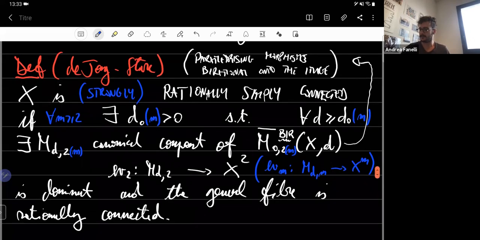While you look at that, let me tell you what I want to do now. I would like to give some examples, some results of rational simple connectedness for some classes of varieties. Some big classes of examples are known, but still very few explicit examples have been studied, because it's very hard in general to understand the moduli space of rational curves for Fano varieties. So there are not many general results.